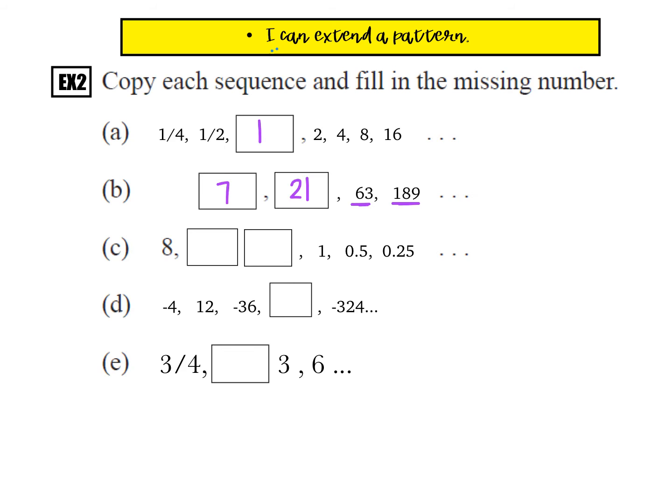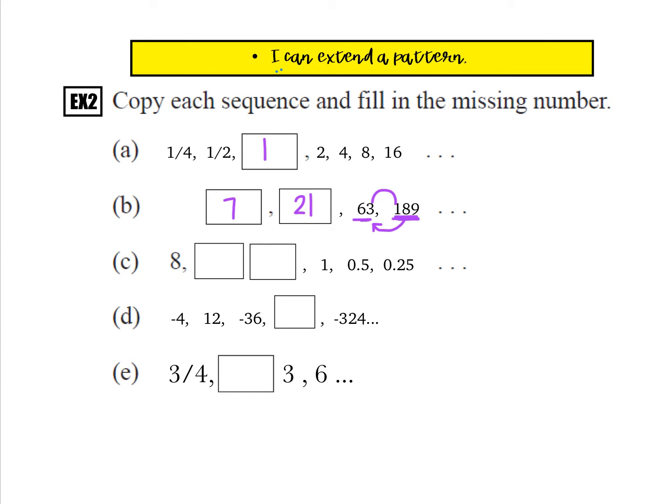But to figure out what I would multiply by, I'm going to take this number and divide it by this number, and it will tell me the factor. So what is being multiplied by 63 to get 189? I see that I am multiplying by 3. So as I move right, if I'm multiplying by 3, to find previous terms I'm going to divide by 3. So 63 divided by 3 is 21. 21 divided by 3 is 7.